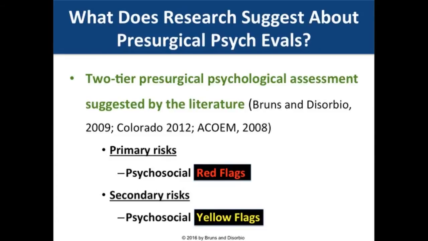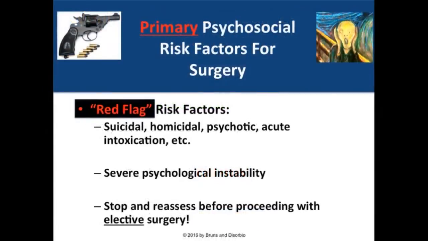When developing the MIR report, we define primary risk factors as involving dangerousness to self or others, psychosis, or psychopathology above the 99th percentile when compared to other patients. Obviously, most patients have no primary risk factors. That's a good thing.